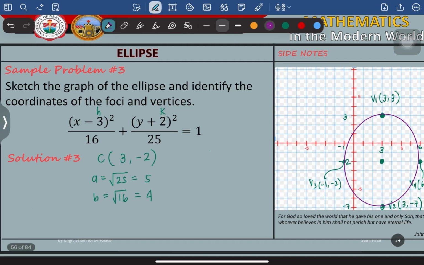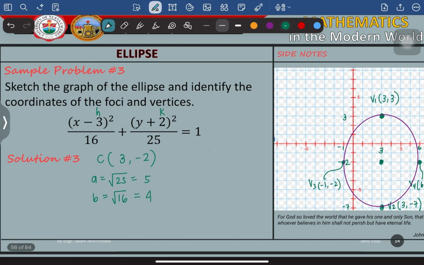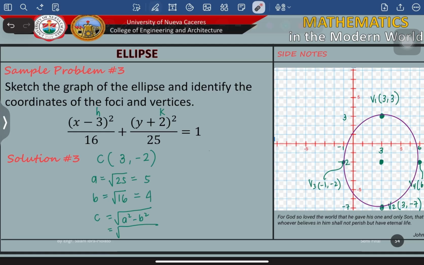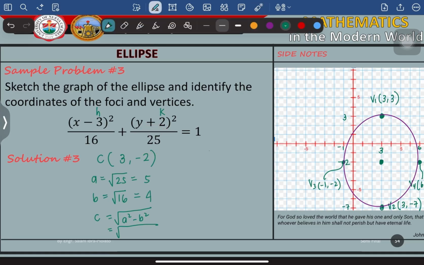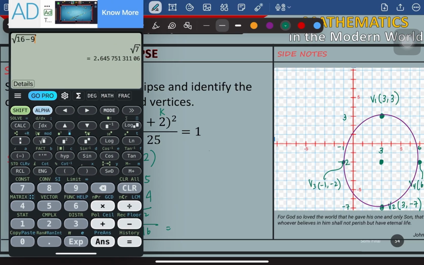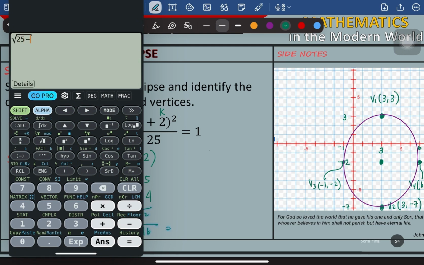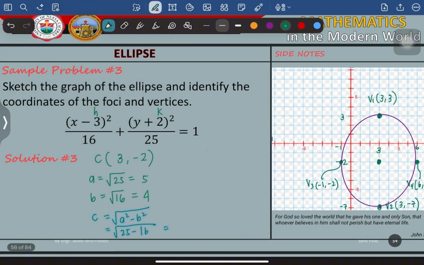Then for the coordinates of the foci, we can solve it by getting the square root of a squared minus b squared. So a squared is the larger denominator, 25, minus 16. So the square root of 25 minus 16 is 3.